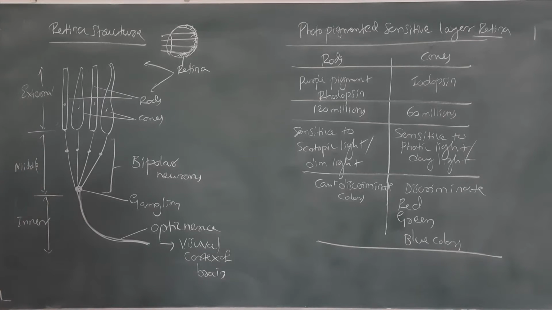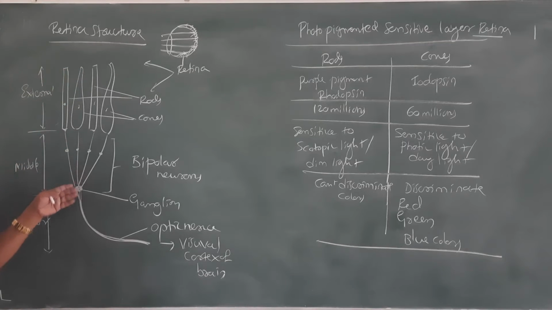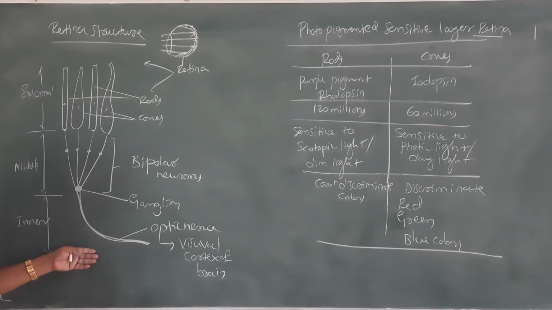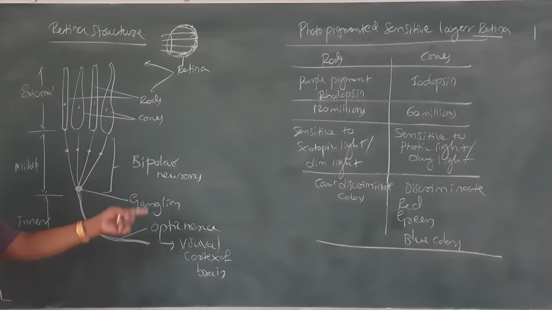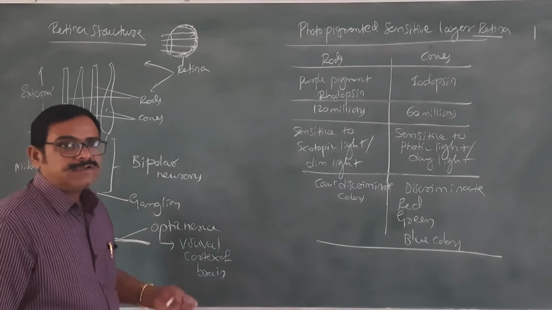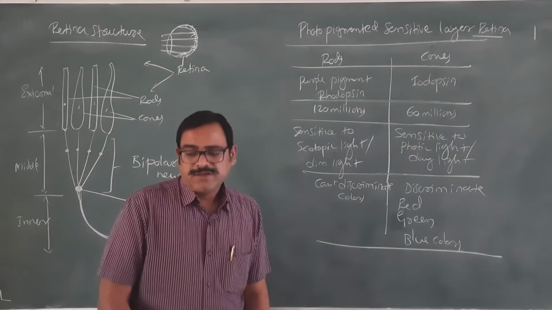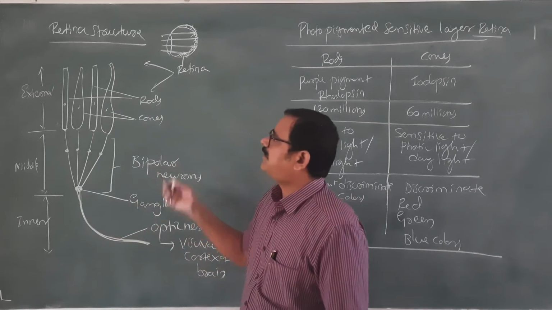This retina structure is very essential because the rods and cones receive the signals of the light and send those signals to the bipolar neurons, then the ganglion, then the optic nerve, then it reaches the visual cortex of the brain. So we need to understand the basic structure of the retina.